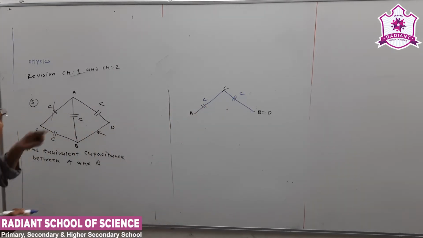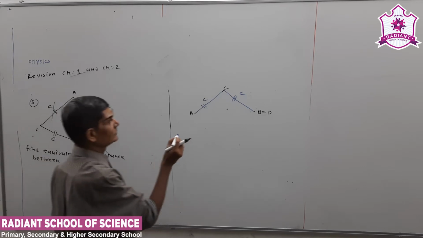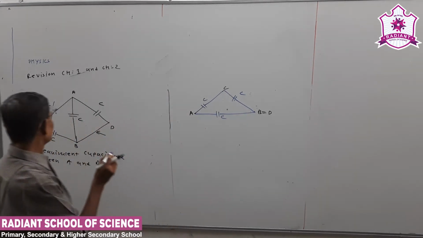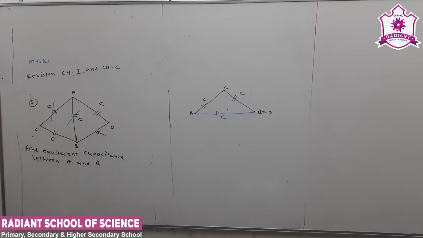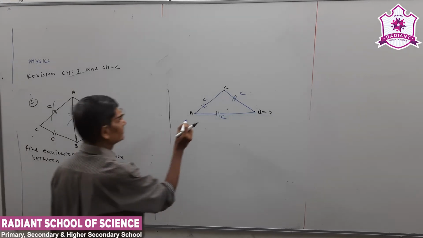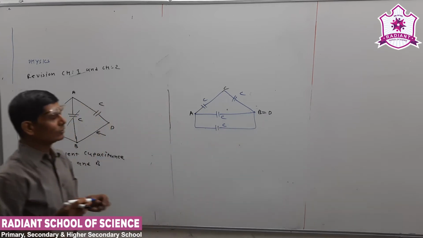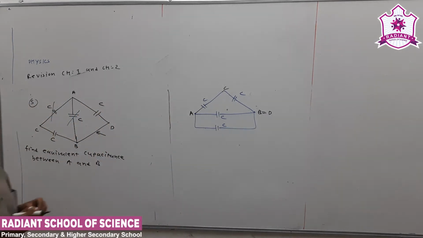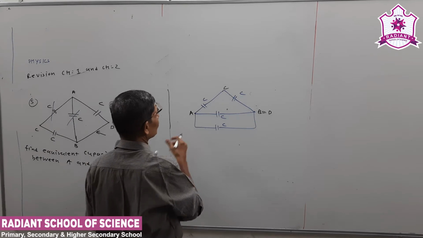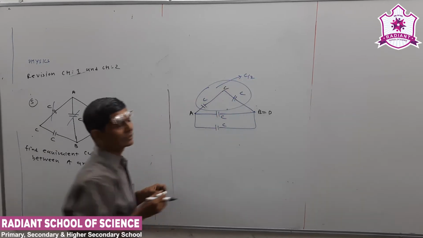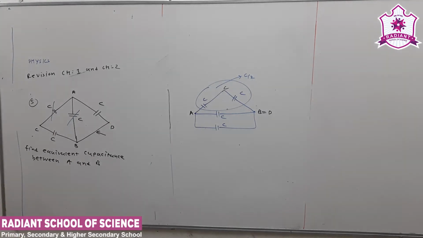Between A and D, and between A and B, there are capacitors. Now these two will be in series, so this will turn out to be C by 2.